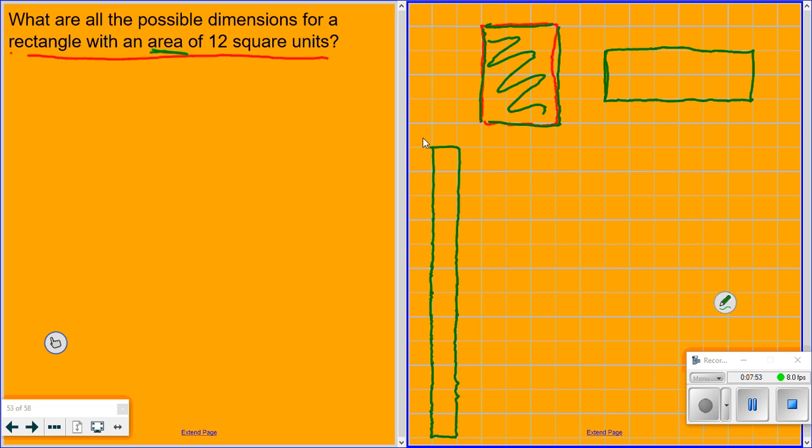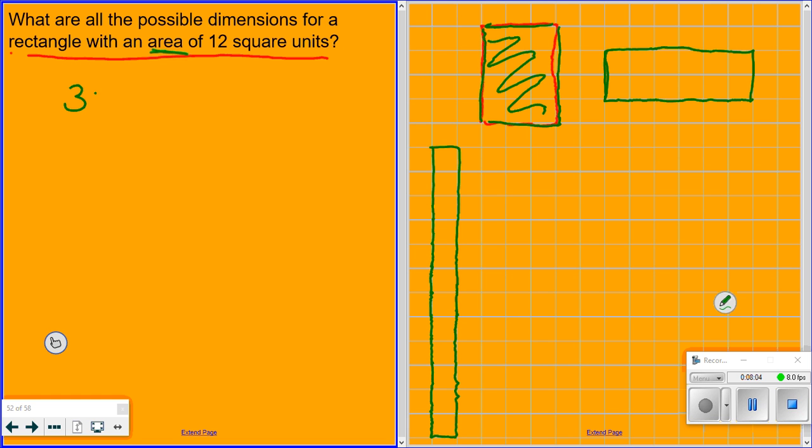All right, in your notebook, let's list the rectangles that we drew. So we drew a 3 by 4. We're writing in our notebook. We also drew a 2 by 6. Maybe a 4 by 3 too.